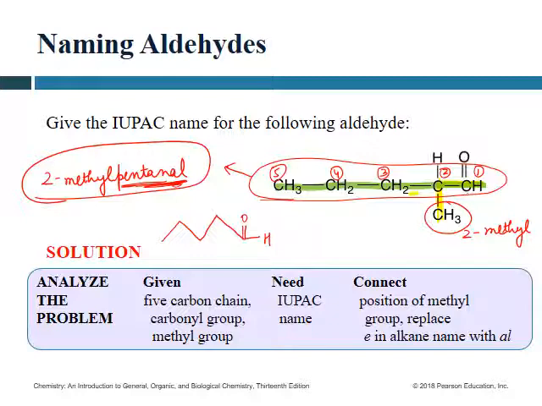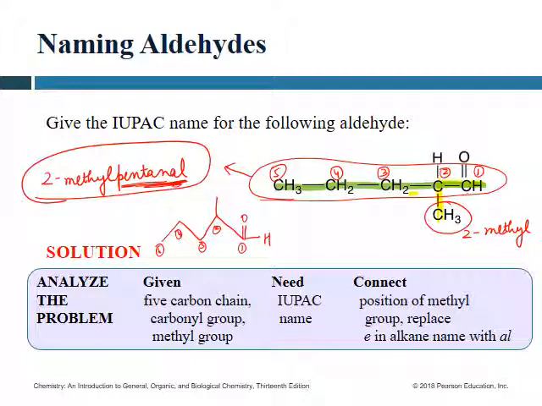Remember that. I could draw it here. I could draw it on the left side. It doesn't matter. As long as it's one of the corners, I'm good. And whichever corner I draw it, that has to be carbon number 1. So if I draw this 1, this is 2, this is 3, this is 4, this is 5. And then the question tells you it's 2-methyl, so it would be 2-methyl.